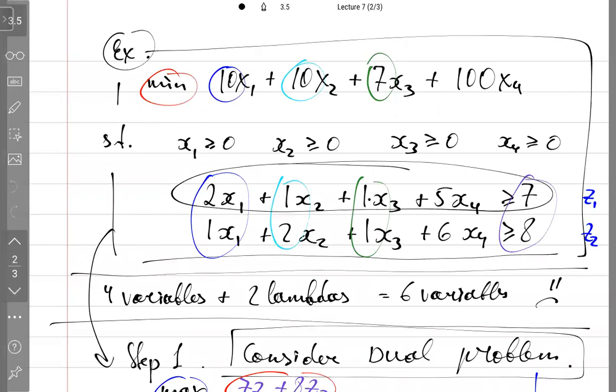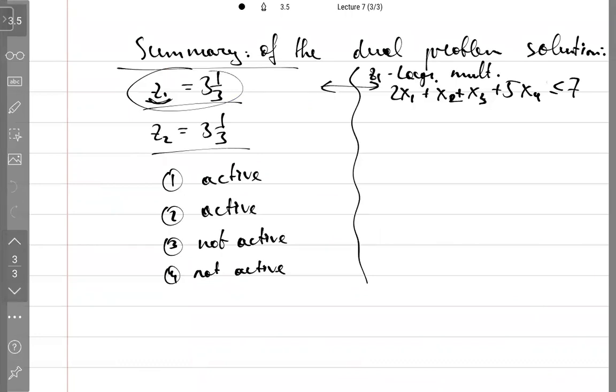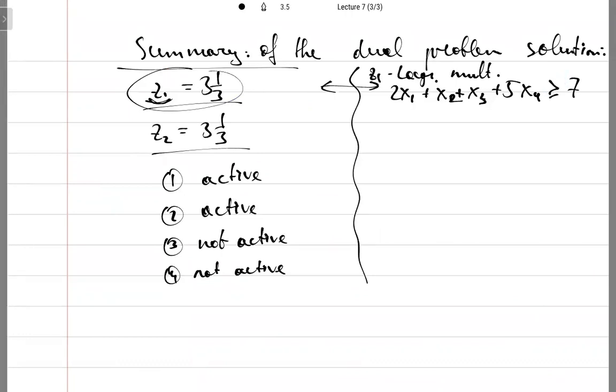Let me copy: 5, 7, 6, 5, 6, 7, 8. Yeah, like that. And z2 is a Lagrange multiplier for the second inequality: x1 plus 2x2 plus x3 plus 6x4 greater than 8.